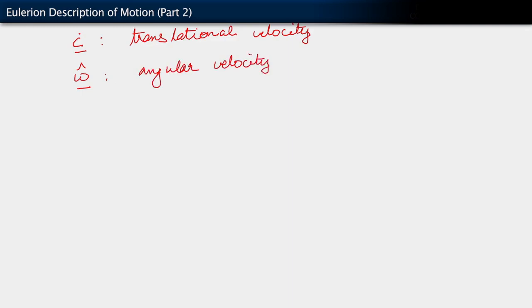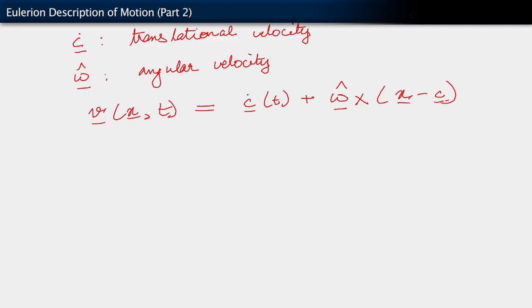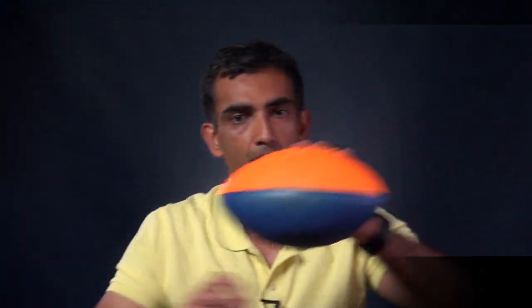It's a vector. Okay? And so we've seen that in writing out the Eulerian or spatial velocity, we have come to a form which should be very familiar to us, right? It's the translational velocity plus the angular velocity vector crossed with the position of every point relative to the motion described by this translation. So, in describing this rigid motion, we can do it by picking a point and talking about the translation of that point.